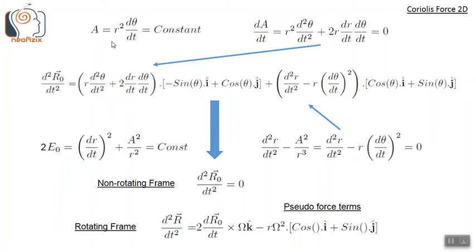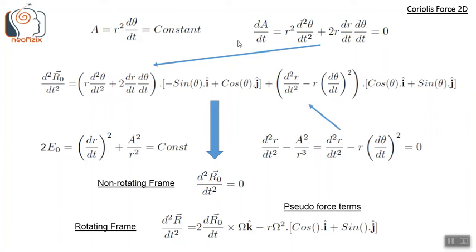Since the cannonballs are situated at a certain radial distance before being fired, they have an inherent tangential velocity r d theta by dt, at a radius r from the center of the rotating platform. So they will have a tangential or circular velocity of r d theta by dt. And also they will have an inherent angular momentum of r square d theta by dt, which is conserved.